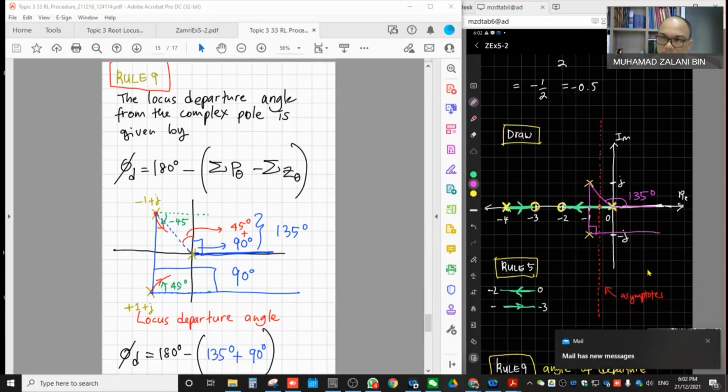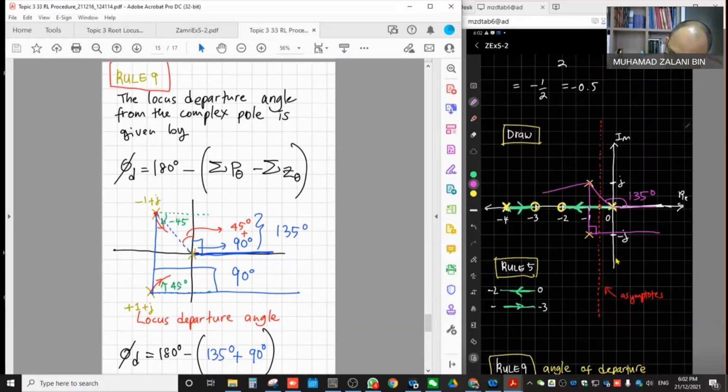So another pole location is at -4. Suppose that the angle starts from there to the second pole location and to the horizontal like that. So that angle, how much is that angle?